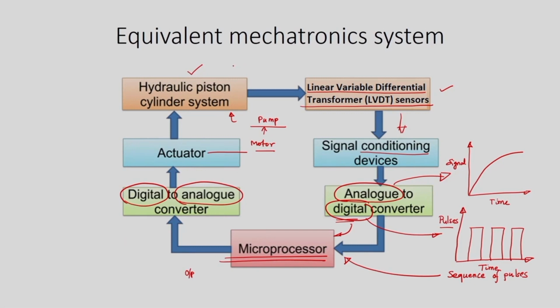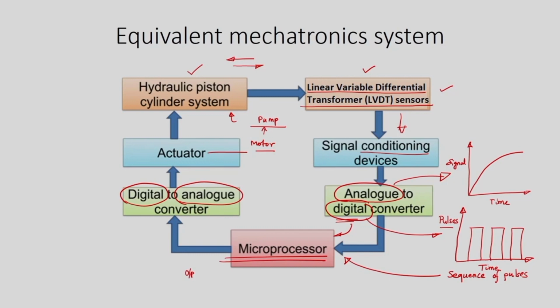So it extends or contracts based upon a certain arrangement of motor, pump and a few other auxiliary equipment, and based on that it again generates certain signals at the linear variable differential transformer sensor. That sensor gives input to the microprocessor, the microprocessor again processes the information and gives the signal to the hydraulic piston cylinder arrangement.